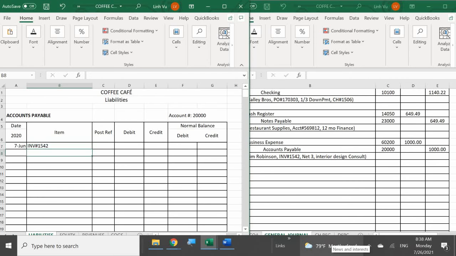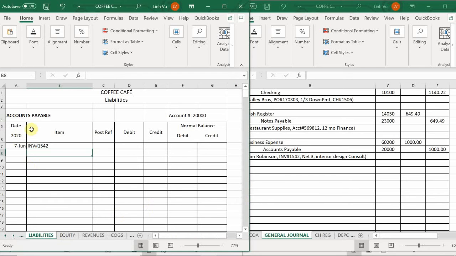And I think that's good enough because I have a subsidiary ledger. I can look up my bill for 1542 and find that it is Ms. Kim Robinson and it is for $1,000 and I can know exactly what it was for.